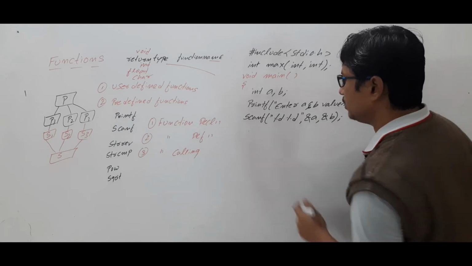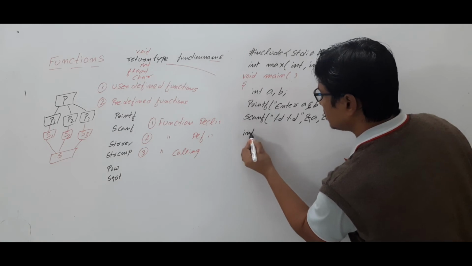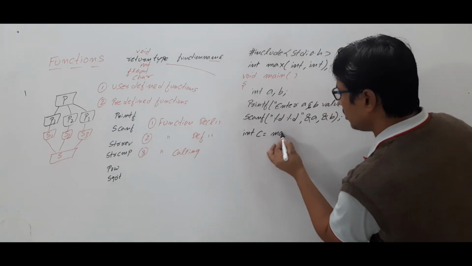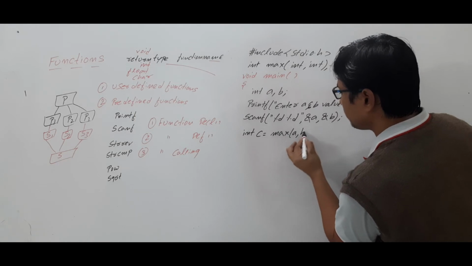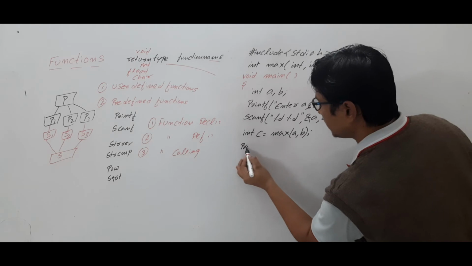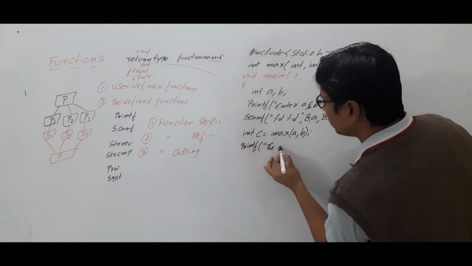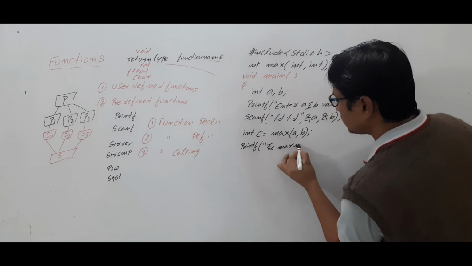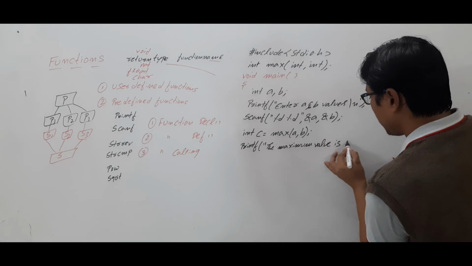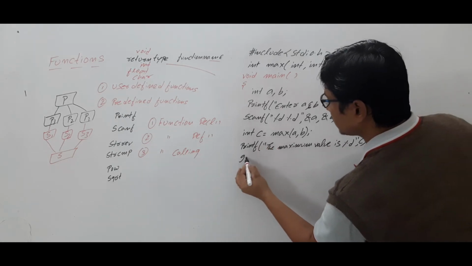Now what I will do is write int c = max(a, b). Then I am writing a printf statement: the maximum value is %d, c, and then I am writing getch.